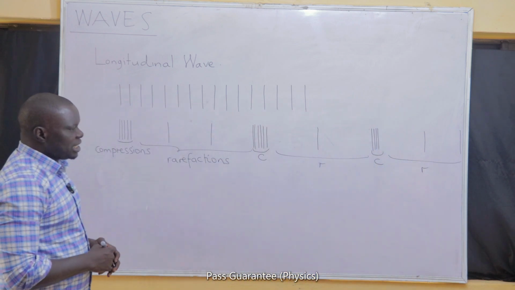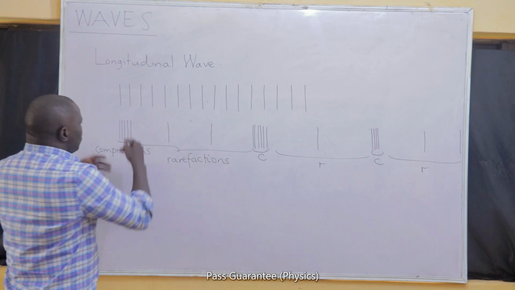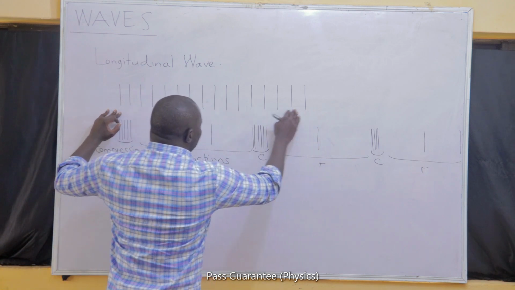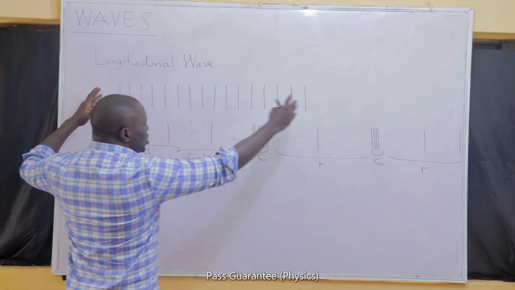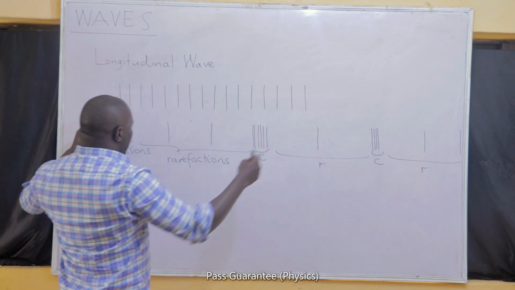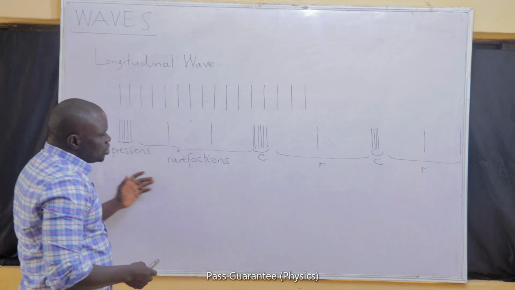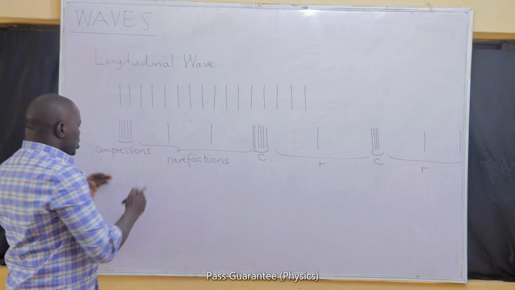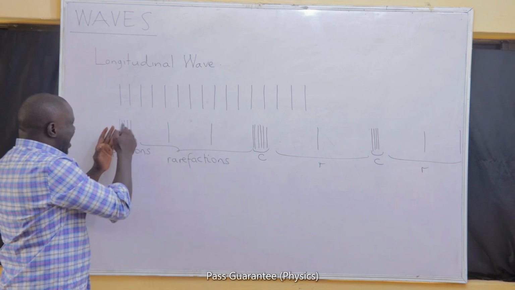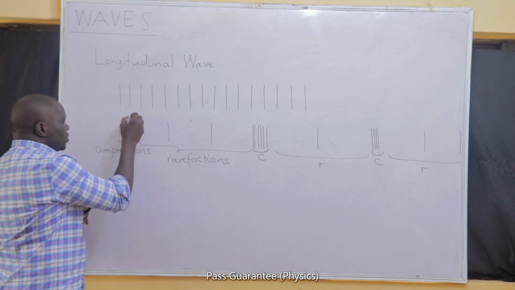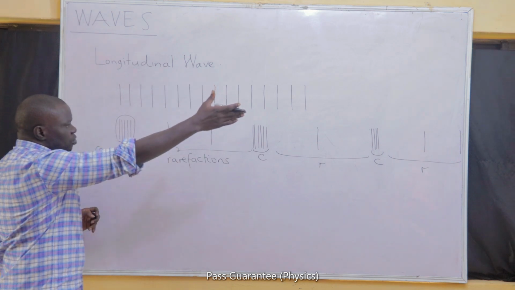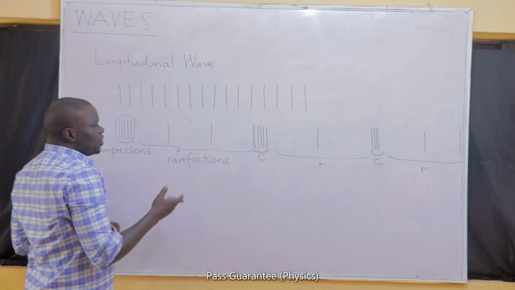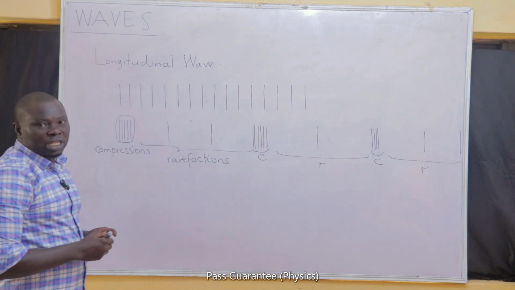What we understand is if the pressure between the air molecules before the propagation of the wave is normal, then by the time you generate the wave and it is being propagated across the medium, these compressional regions will have a higher pressure. For example, if this were air, before the propagation of the wave, the atmospheric pressure is said to be normal.